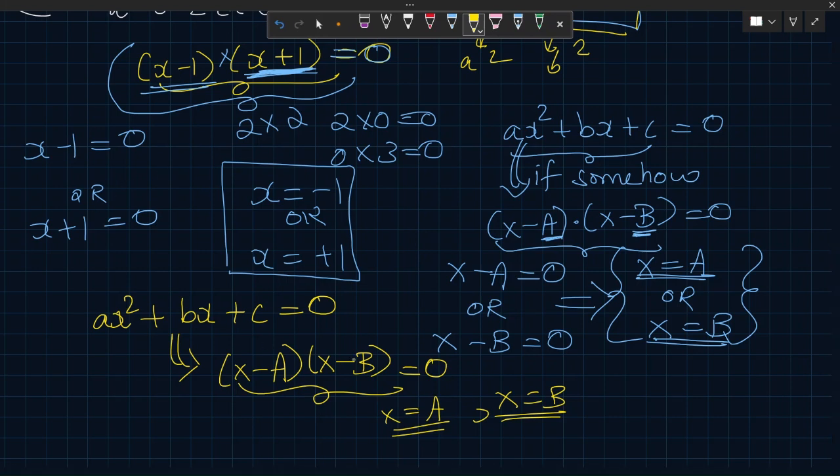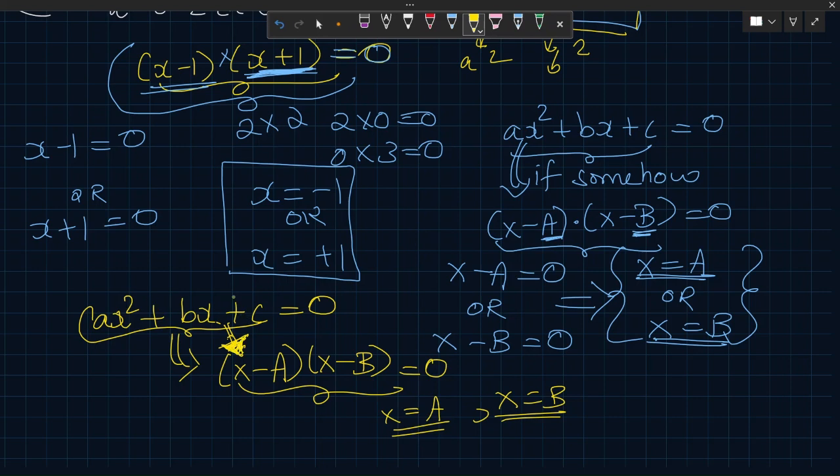All right. So we can say this, provided we can write it in this form. So either you can try to factorize this and try to write in this form, and that won't be possible in all cases.